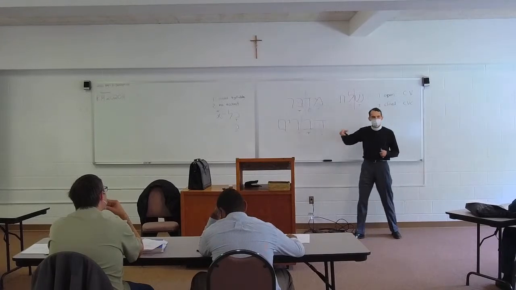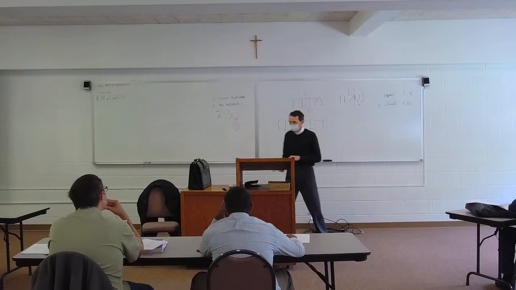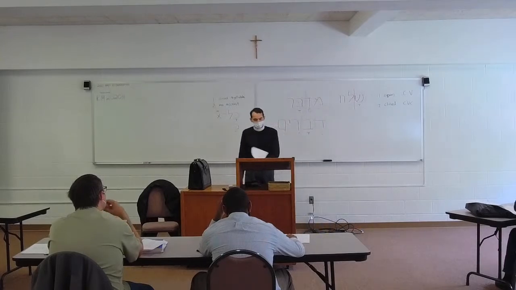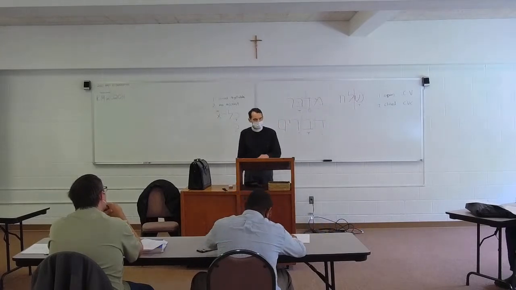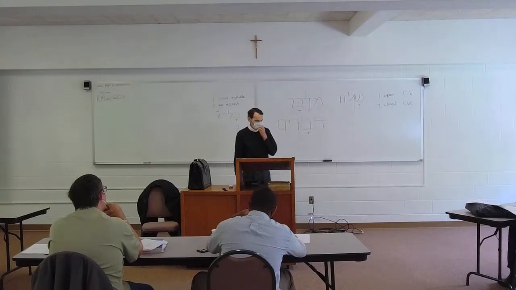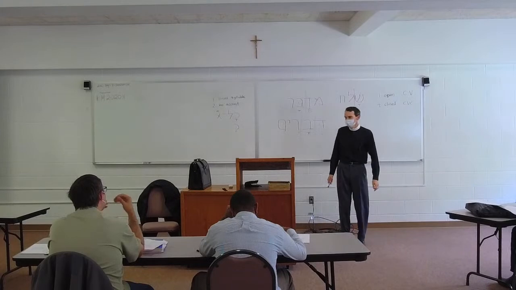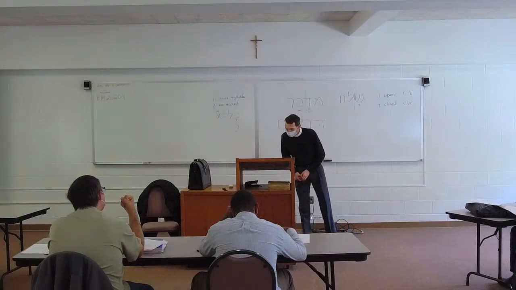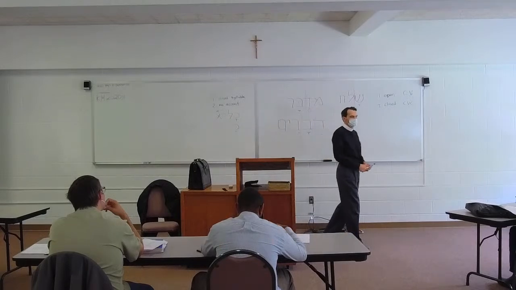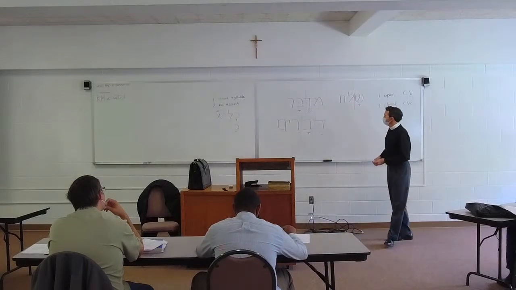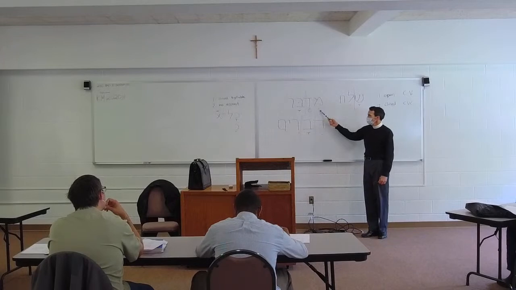So to go to his way of explaining it, he says "short and silent." Short and silent. The schwa is a short and silent type, I guess. But what it means is if there's a short vowel before it, it's silent. So in this case, is there a short vowel before it? Yes, the chirik.